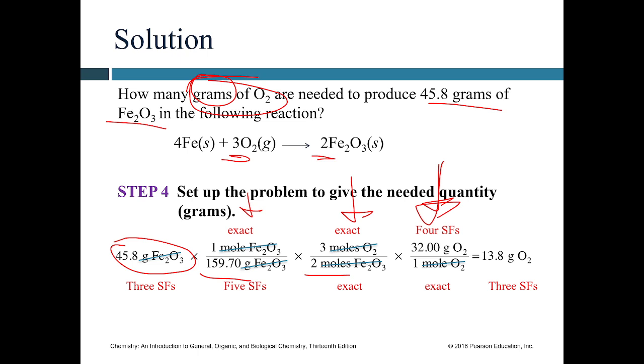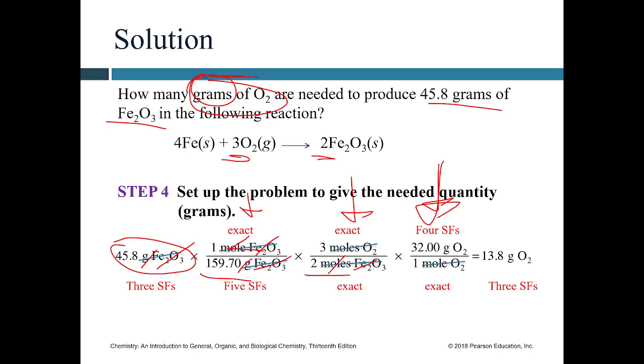Now again, how do I always figure out what I'm going to be in and which one needs to be in the bottom? I always just go through and I cancel things out, right? So here I have grams, those cancel, see that? And then on Fe2O3, they cancel, that leaves me moles of Fe2O3. The next thing I need to do is cancel out moles of Fe2O3.